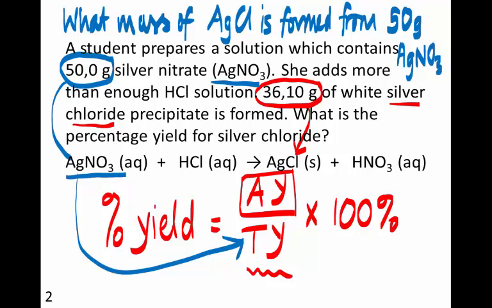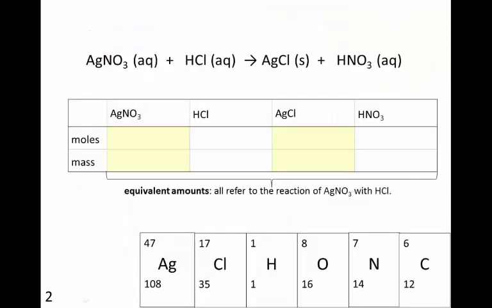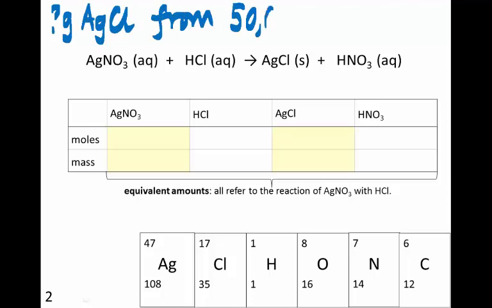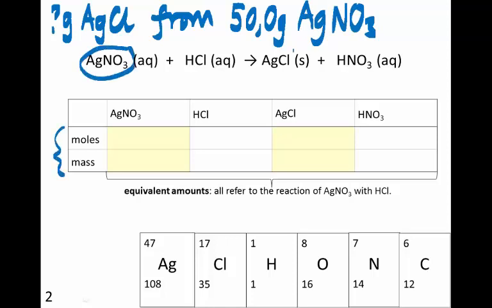Then we can come back to answering this question here. To answer that, we need information about the reaction ratio of silver nitrate and silver chloride, because they are the substances for which given information is provided and which we're asked about.